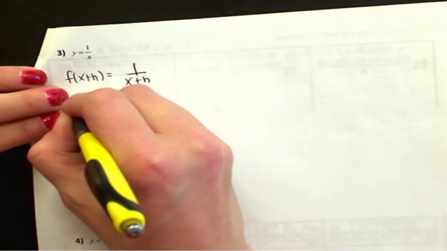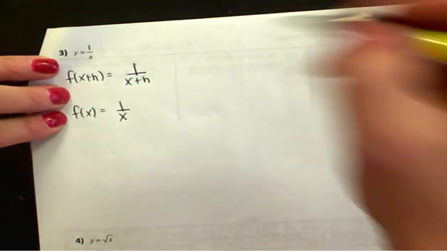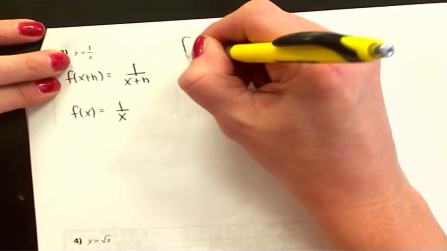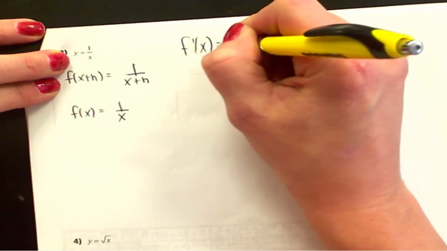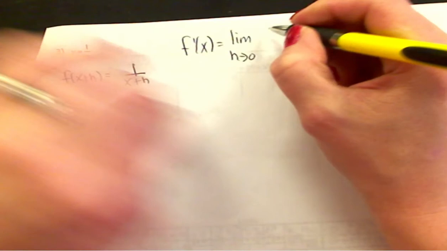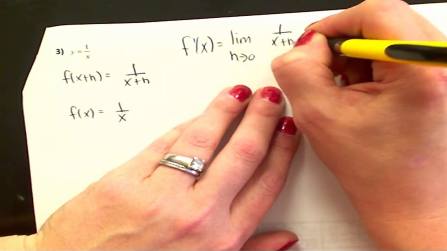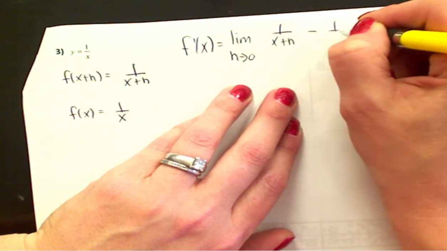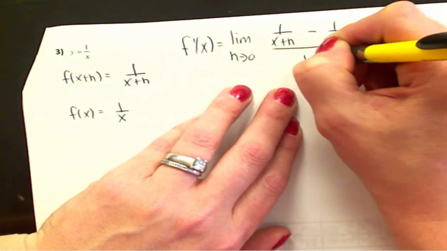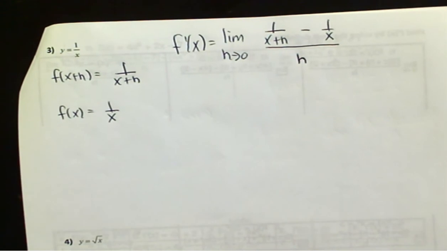Okay. F of x. Okay, I'm just going to come back up here and rewrite my statement. The limit as h goes to 0. Okay, 1 over x plus h minus 1 over x. All right, that's me plugging into the formula. Try to simplify that statement.